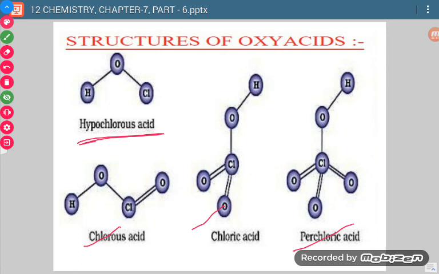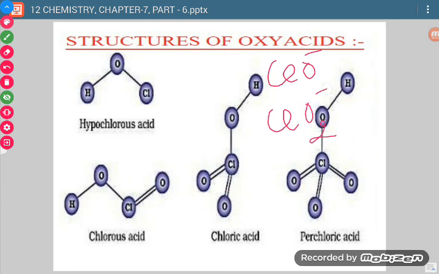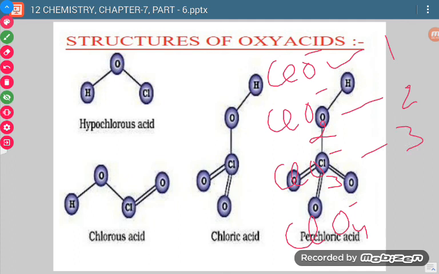Now see, if we compare their acidic character, then all of the 4 will release H positive ion. Okay, now when they release H positive ion, then what different ions they will be forming? HClO will form ClO negative, HClO2 will form ClO2 negative, HClO3 will form ClO3 negative, HClO4 will form ClO4 negative, and when we see their structure, then it will have one resonating structure, this will have 2 resonating structures, this will have 3, and this will have 4 resonating structures.